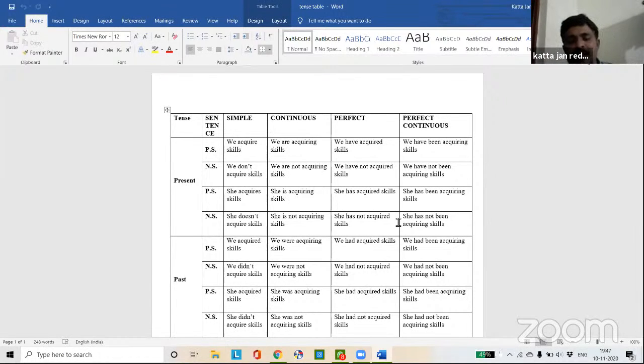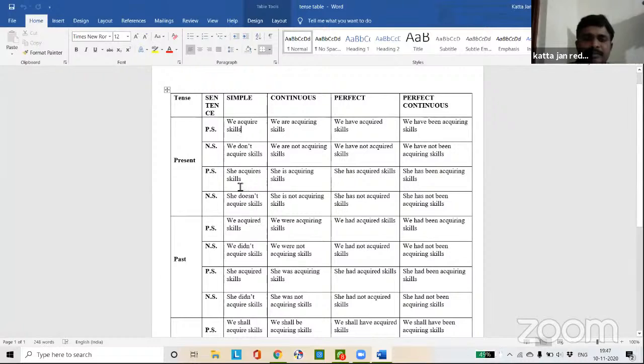But see, based on the subject and the type of verb, is it V1, V2, V3, V4 or V5, right? I have taken two subjects for each tense, positive and negative: subject we and subject she, because we is plural, she is singular. In every tense, I prepared it in the same manner.